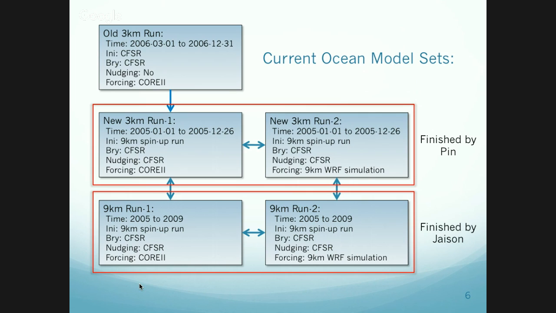The history of CORE2 is that, for the ocean community, people always used their favorite forcing field. The atmospheric community is different: everybody uses the same SST, and it's very simple to specify.